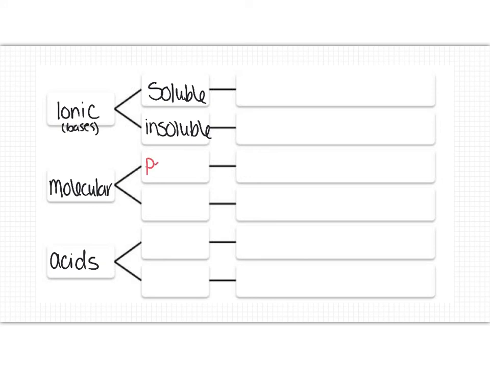Molecular compounds, it depended whether they were polar or non-polar. And acids, it depended on whether they were strong, one of those 6, or a weak acid. And then here I just wrote a general equation for dissociation, and I wrote out the general idea for major entities in all cases, just to remind myself and summarize. Up to you if you'd like to use this, though.